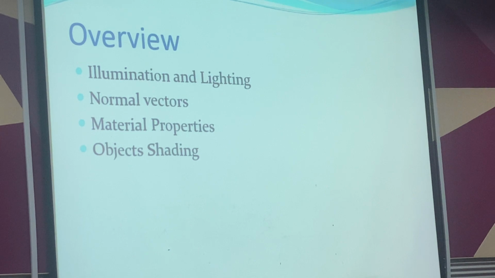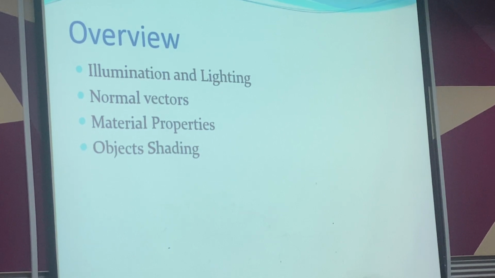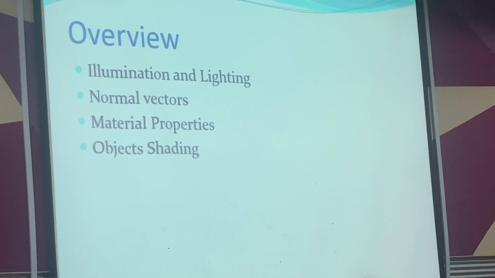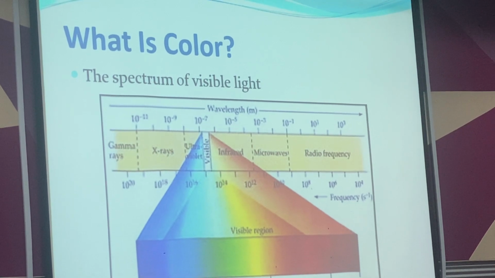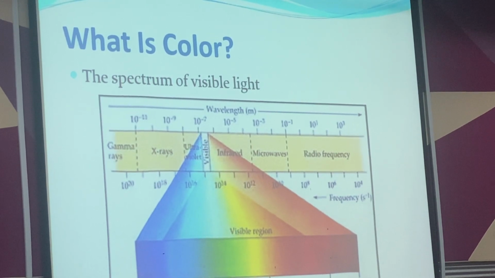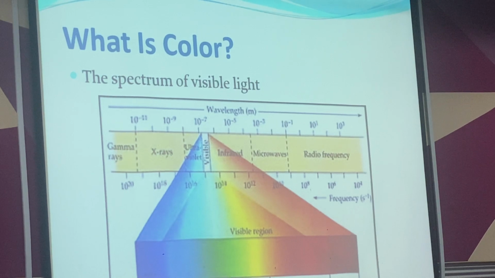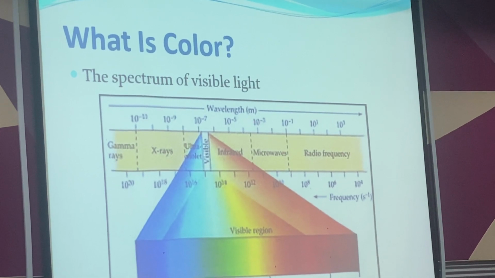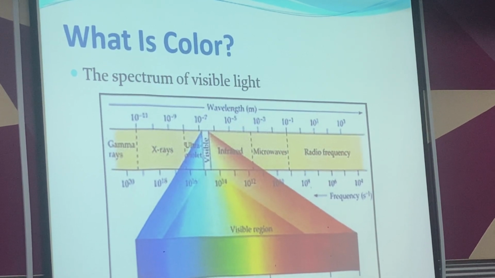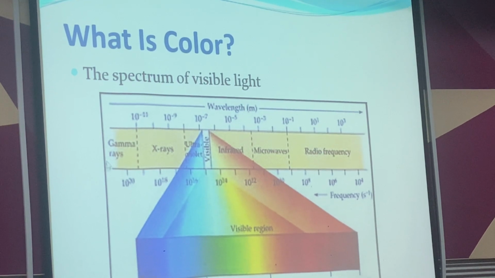When it comes to color, you cannot run away from light. If there is no light, you cannot see color. This is our lighting spectrum. Those colors are actually visible light that you can see with your human eyes. These are the regions of light that we can see, the spectrum. There are other lights that you cannot see, other wavelengths like gamma rays, X-rays, infrared, microwave, radio frequency.